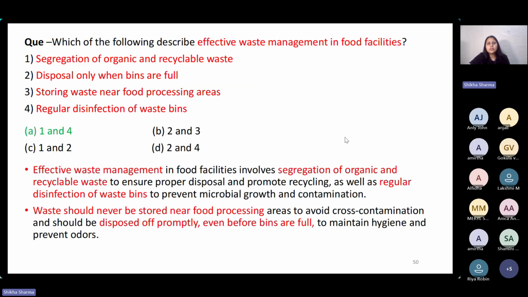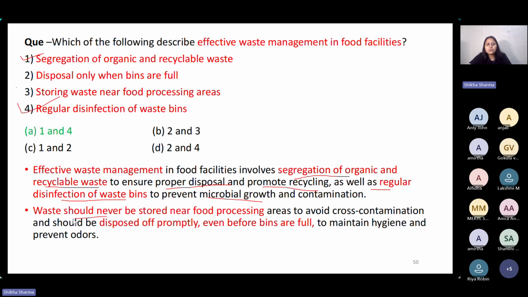Okay, so effective waste management in food facilities can basically be done by segregation of organic and recyclable waste and regular disinfection of the waste bins, which are the first and fourth. It involves segregation to ensure proper disposal and promote recycling, as well as regular disinfection of the waste bins to prevent microbial growth and contamination.